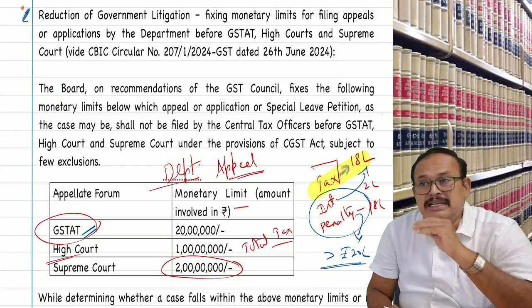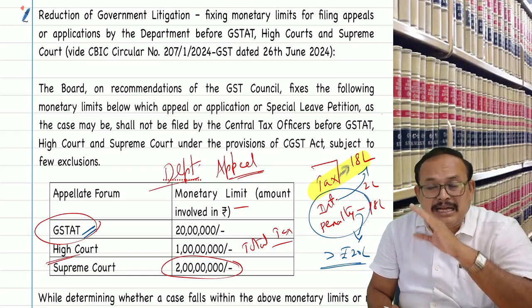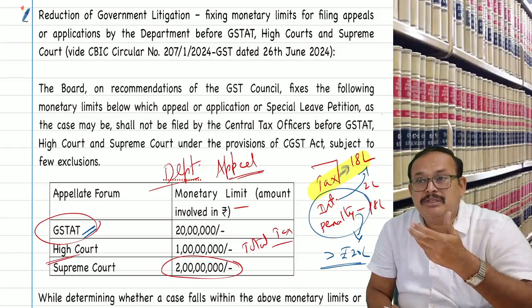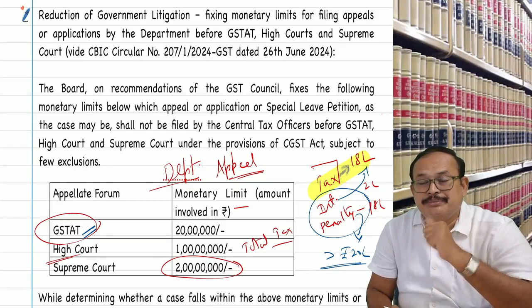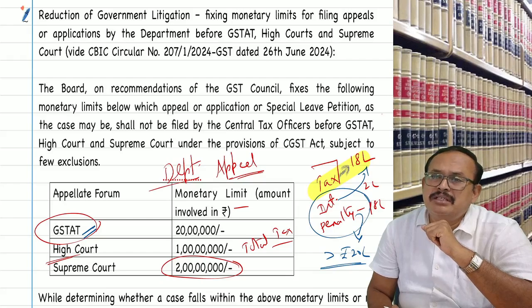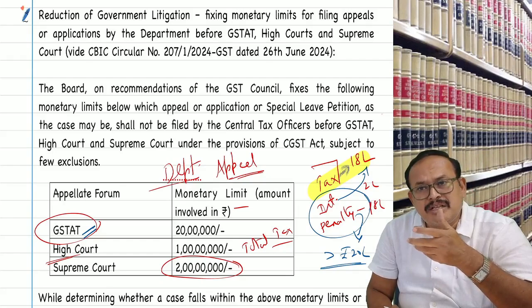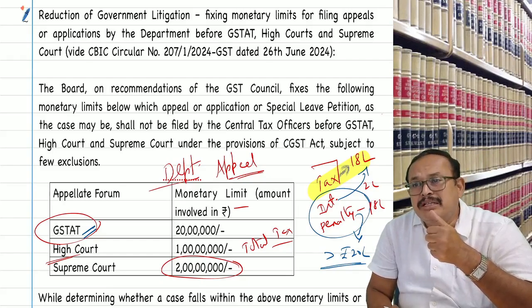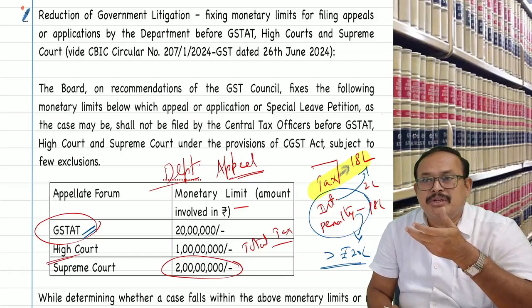In these cases, or any other issue felt appropriate, the department can go for appeal even though the value does not exceed the limits. Or the government may notify cases and circumstances where the department can go for appeal. So these are exceptional cases.